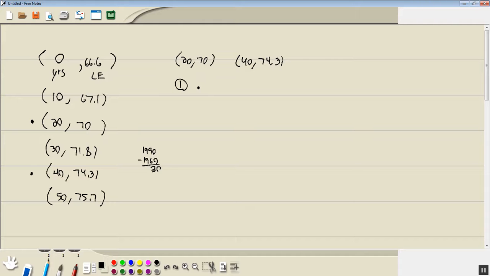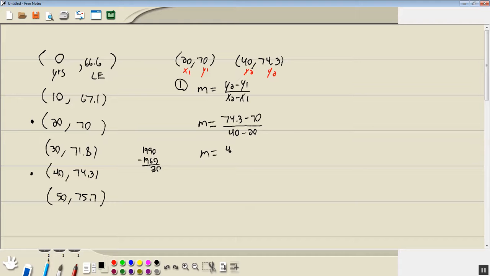Step 1 is to find m. And m is going to equal y2 minus y1 over x2 minus x1. If I label these, this would be x1, y1 and this would be x2, y2. We would have 74.3 minus 70 over 40 minus 20.